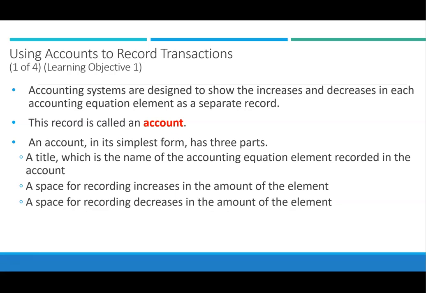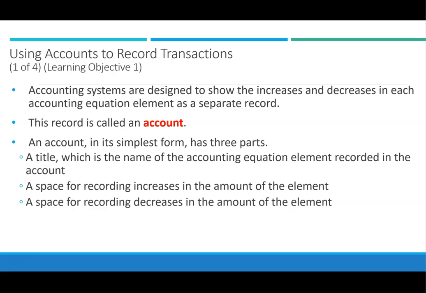We are going to use what we call this accounting system to show increases and decreases in the accounting equation. And we're going to learn about various accounts. Now, we already kind of did last week when we started talking about cash, supplies, equipment, accounts payable.